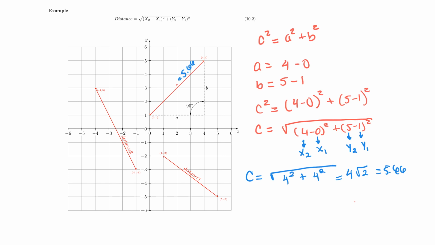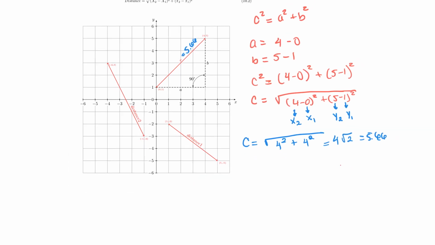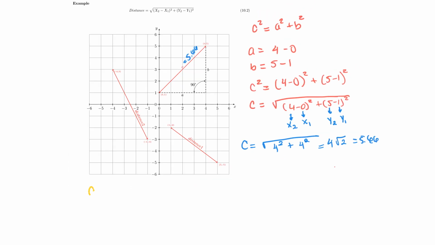So let's solve for these other two distances that we have right here using this equation. Let's set up the equation to solve for distance 1. We need the x coordinate of point 2.